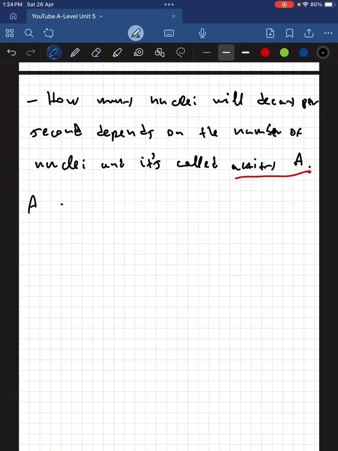Activity is measured in seconds to the -1 or becquerels, Bq.